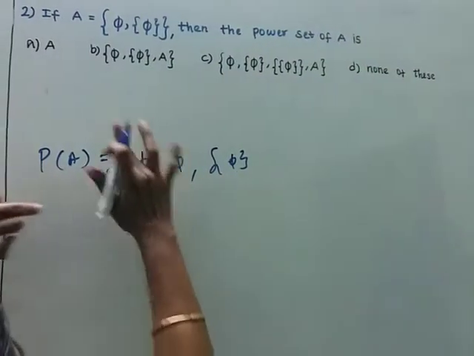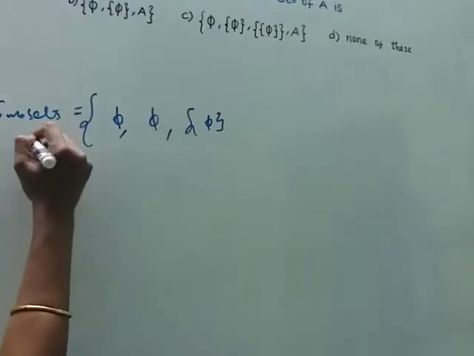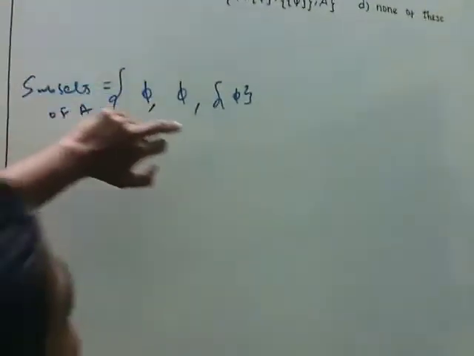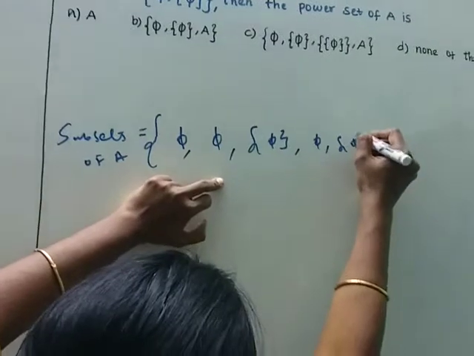Okay? Now I am writing just the subsets of A. Okay, so here next you are writing the empty set comma the set containing the empty set.